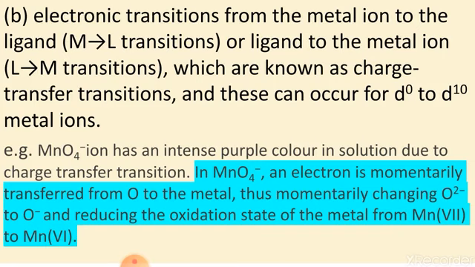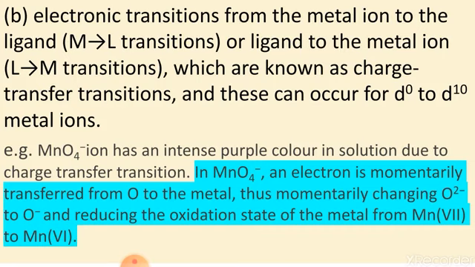In MnO4 minus, an electron is momentarily transferred from the oxygen atom to the metal, thus momentarily changing O2 minus to O minus and reducing the oxidation state of metal Mn+7 to Mn+6. So now Mn has 1 electron, that is d1, and now it shows the d-d transition. So this charge transfer spectra creates the color in Mn.